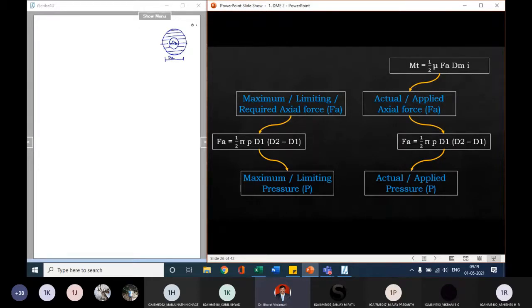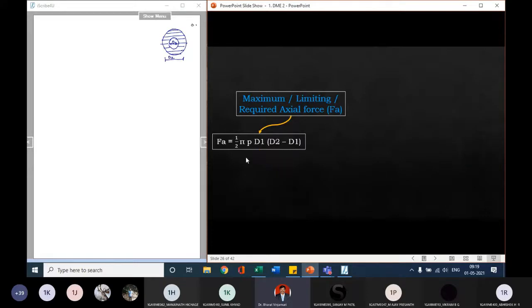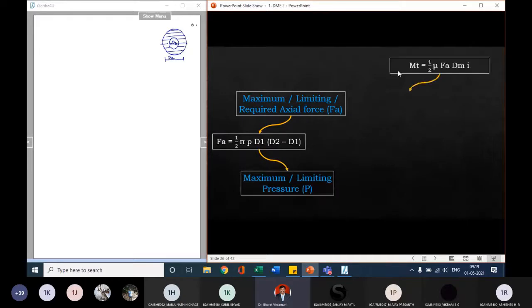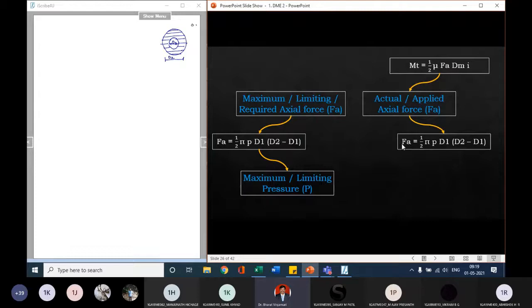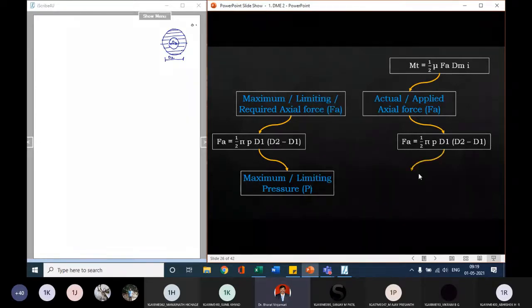You would have already found FA by some equation, but if he asks maximum pressure, you can find it from that. If he is asking actual pressure, then you find the value of FA using the torque equation. Once you have got FA, substitute the FA value in this equation. After substituting the FA value, you determine the pressure from this.